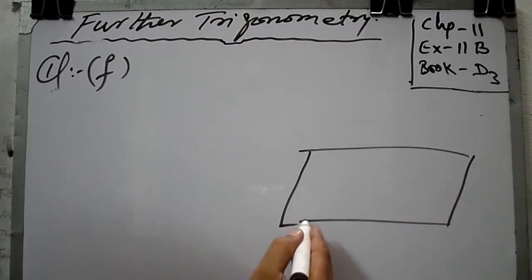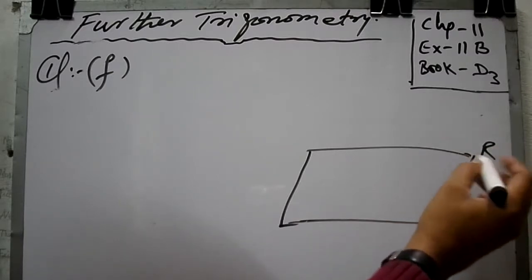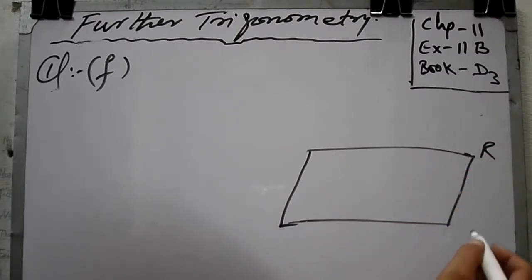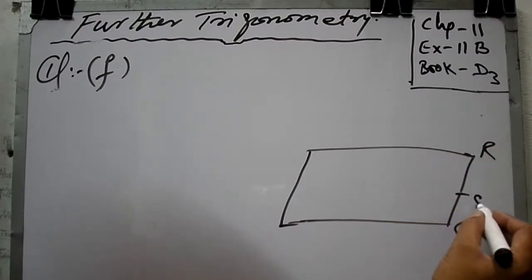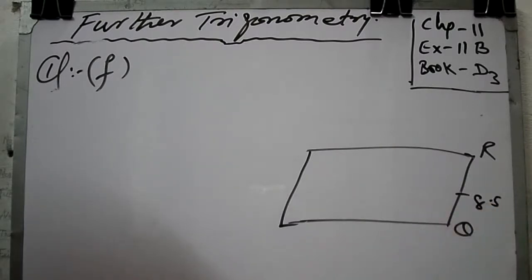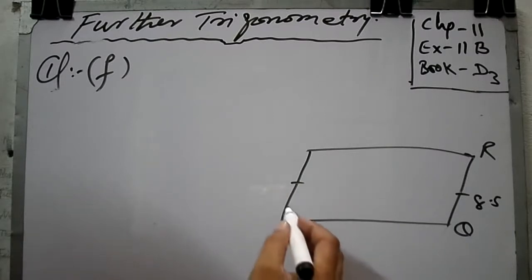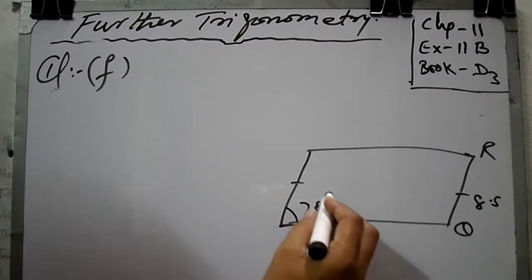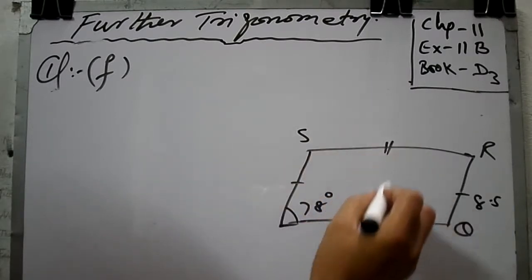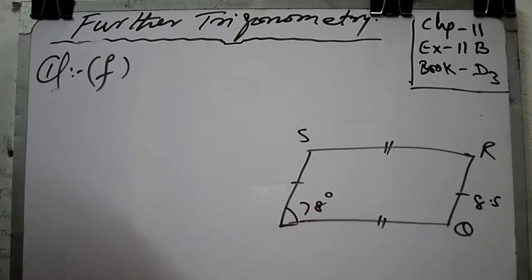once again you have been given the same type of figure, that is R, Q, 8.5, 78 degrees. This side is equal to this side and this side is equal to this side because it is a parallelogram.